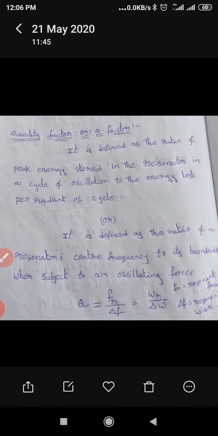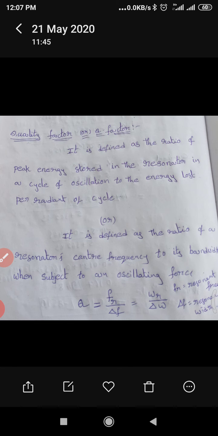So let us see what is quality factor. It is defined as the ratio of peak energy stored in a resonator in a cycle of oscillation to the energy lost per radian of cycle.